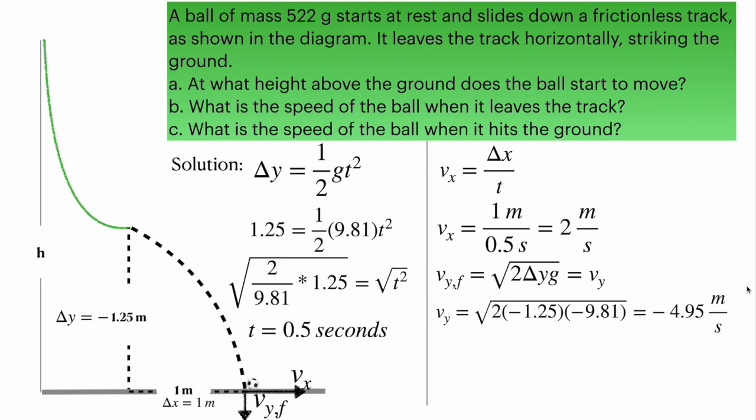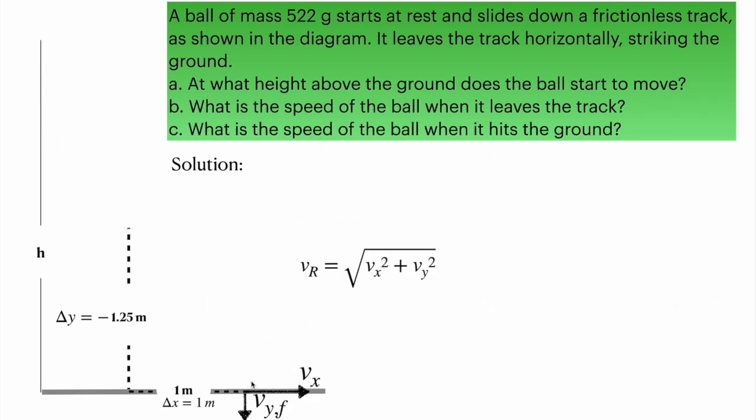So now we can find the resultant velocity. Resultant velocity at any point in this flight is equal to Vx plus Vy at that point. Vx is constant, but Vy changes. We want that point at the end, which is at impact. We can find that by plugging in the values.